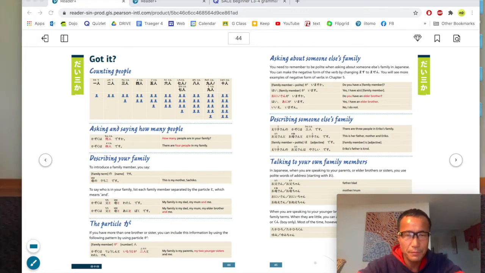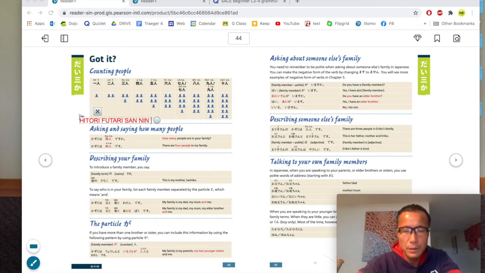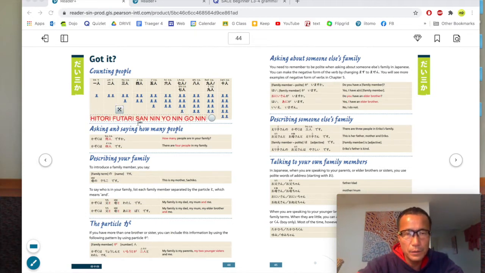Now let's start. Alright, first one is counting people. Unlike English, which is one person, two people, three people, four people, Japanese is a little bit more complicated, so let me write it down. 一人、二人、三人、四人、五人。Once you go to 3人、4人、5人, it gets easier.